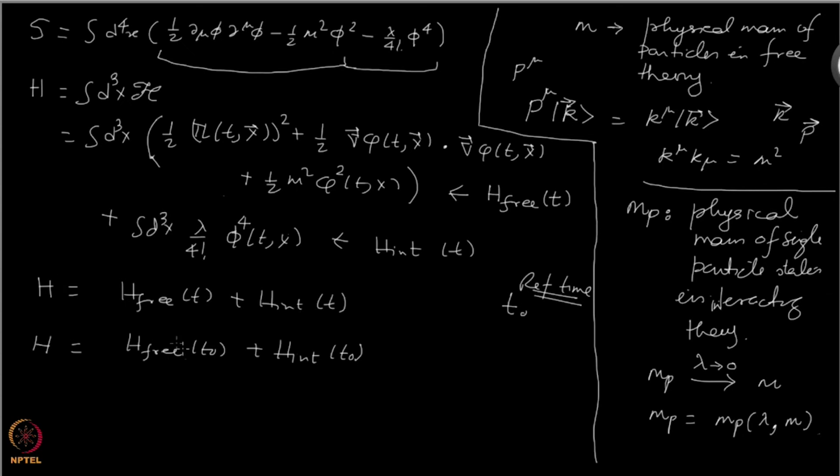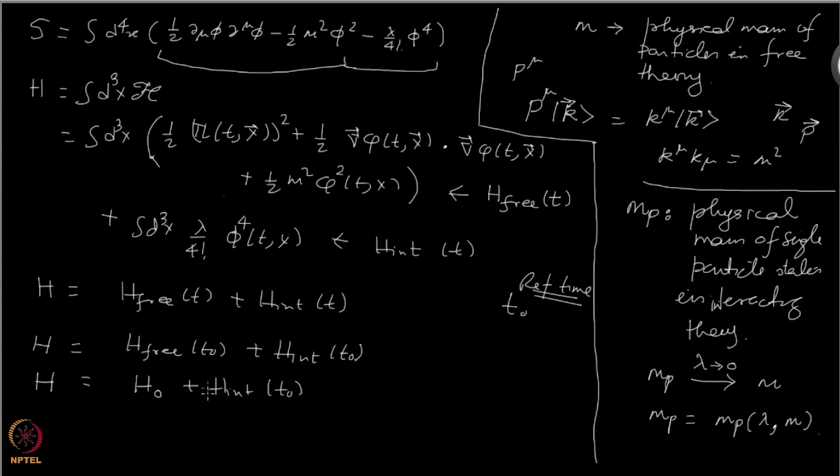Now H free of t naught I will write as H naught, as a standard shorthand. So H naught is a constant, plus H interaction at t naught, which by definition is also a constant because it is evaluated at some time t naught. And of course, the left hand side is constant.